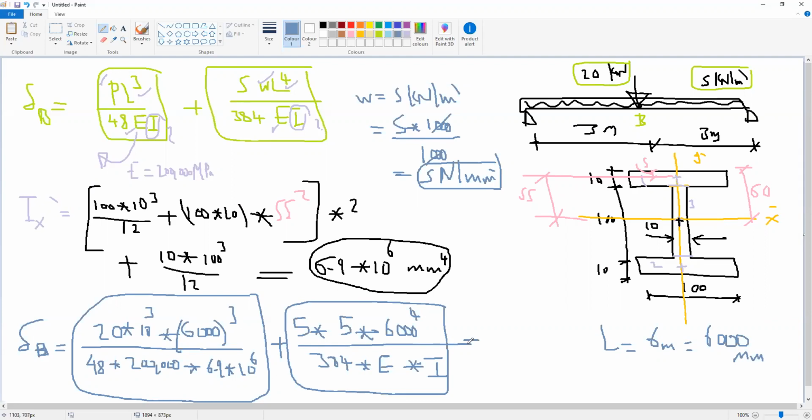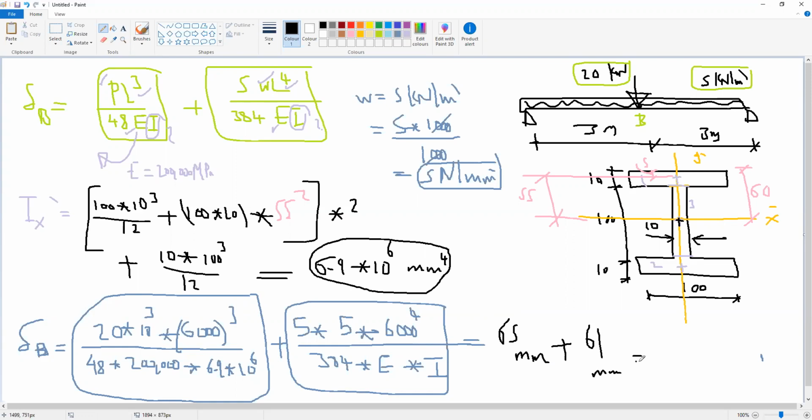This gives us that the deflection for the first term was 65 millimeter, plus the deflection from the uniform load was 61 millimeter.